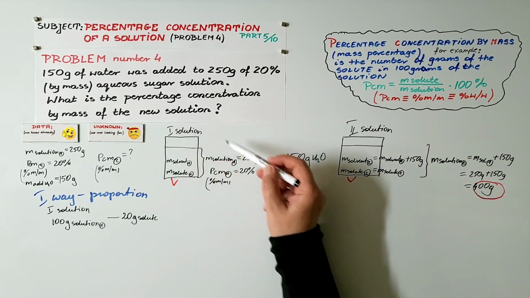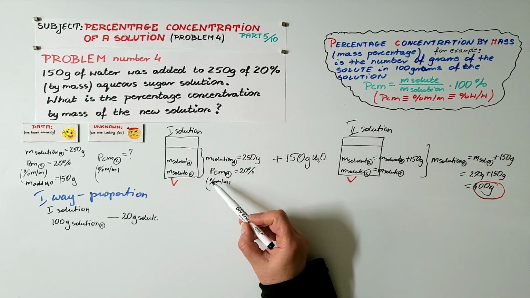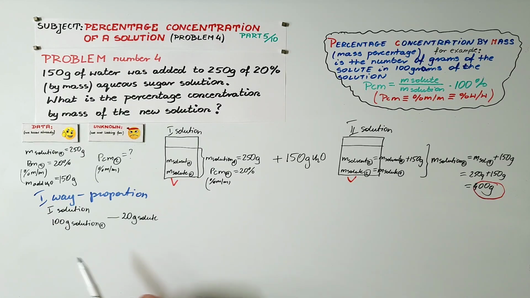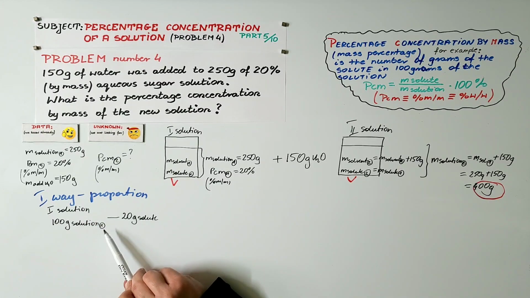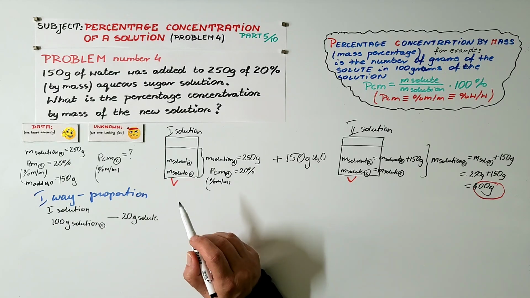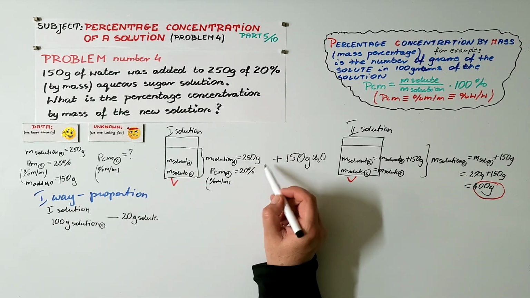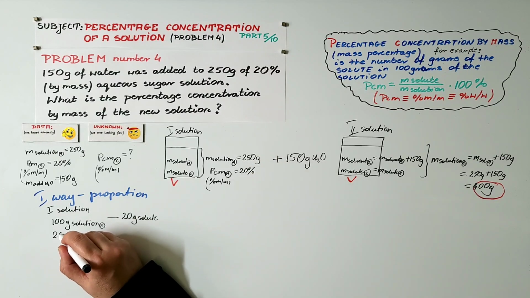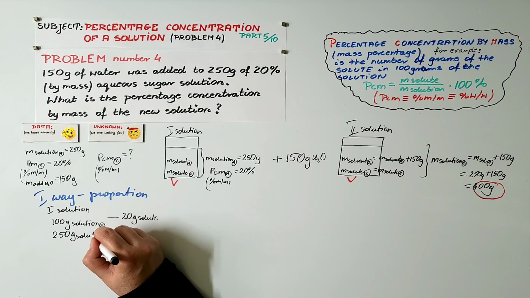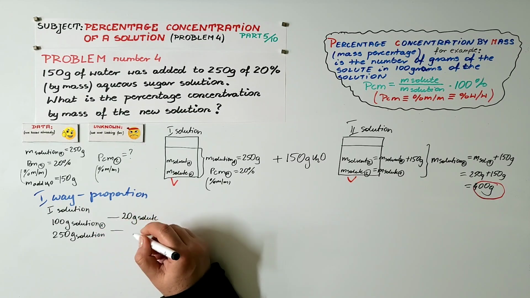So for solution number 1, percentage concentration by mass is 20%. So in 100 grams of solution number 1 there is 20 grams of solute. We have 250 grams of solution. So there is X grams of solute.